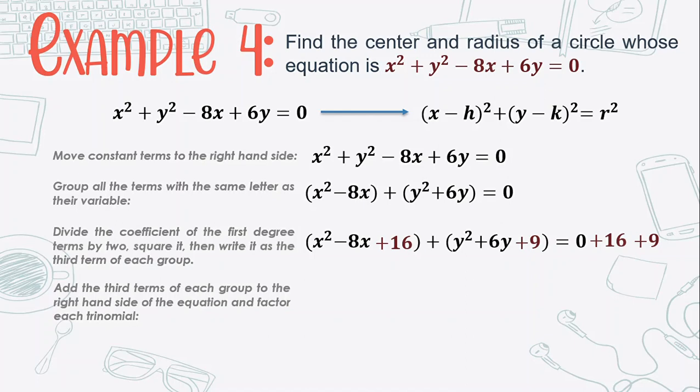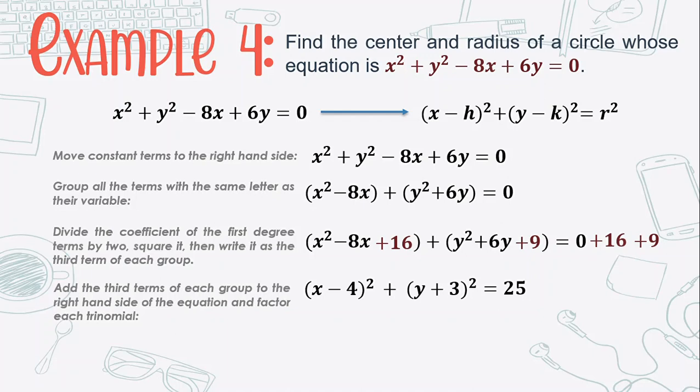We can now factor them. We can factor x^2 - 8x + 16, that is (x - 4)^2, plus the factors of y^2 + 6y + 9, which is (y + 3)^2, is equal to 16 plus 9, which is 25.